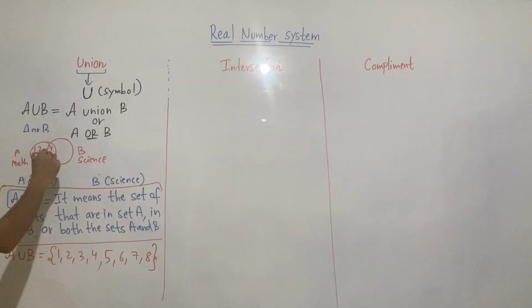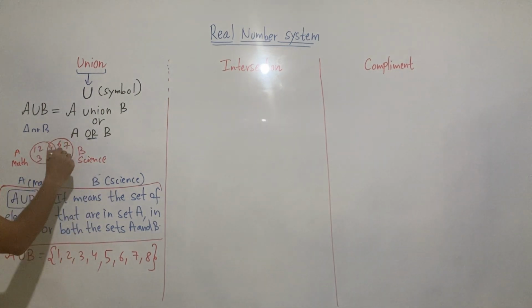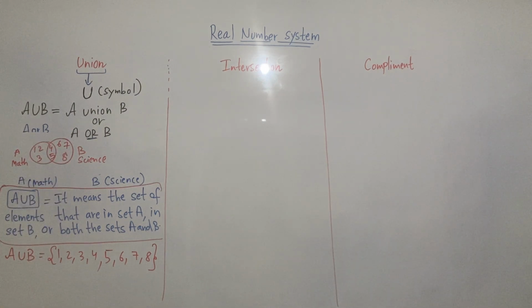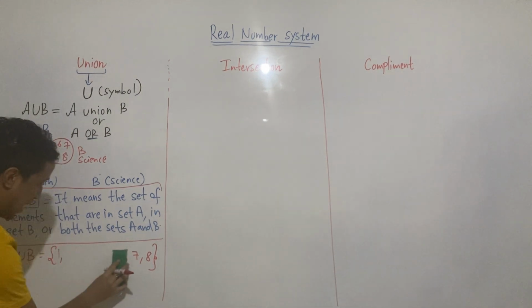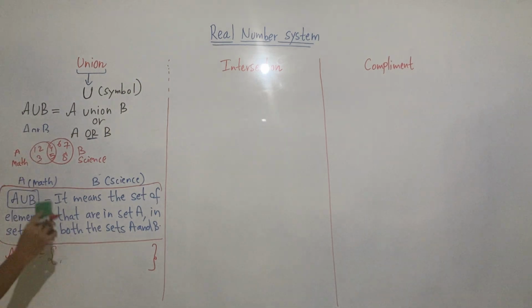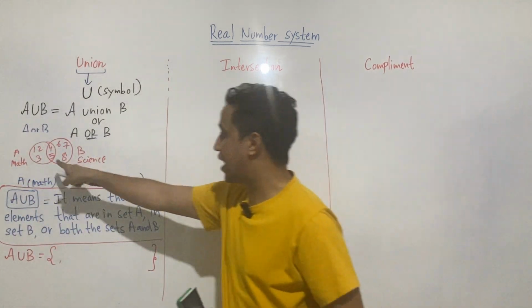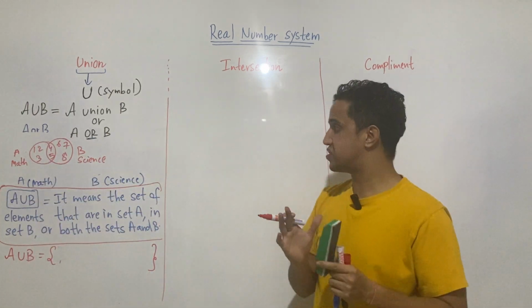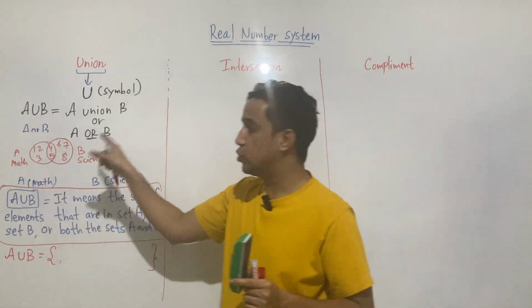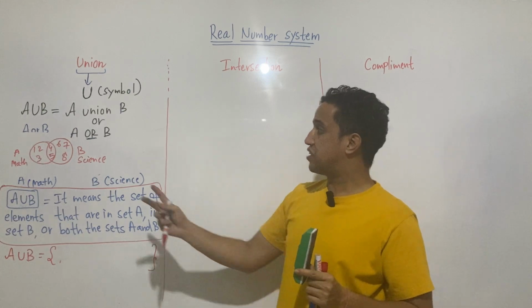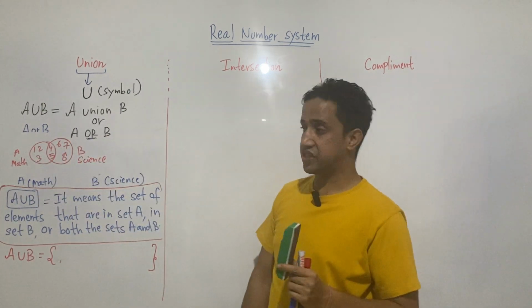So here 5, 6, 7, 8. Okay, now if I have to find A union B, in this case, I have a few elements that are common to both the sets. I have two students' numbers that are common to both the sets, right?